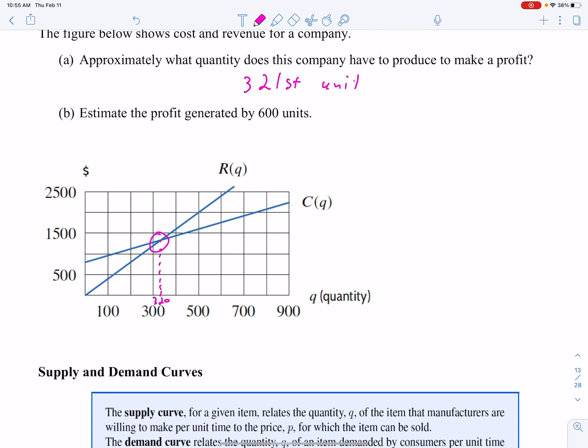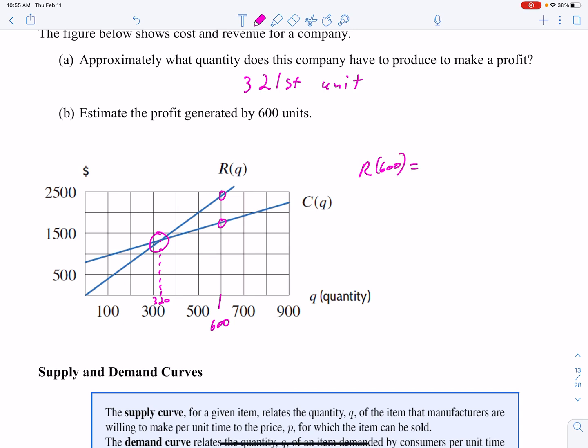All right, and then part B, estimate the profit generated by 600 units. So right here is 600. We're going to look at the cost and the revenue function values at that quantity. So R of 600, that means the revenue at 600 units.